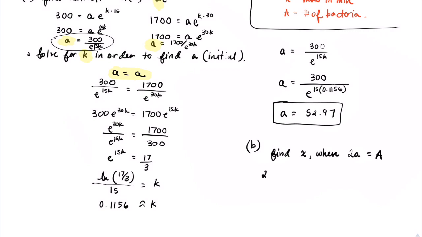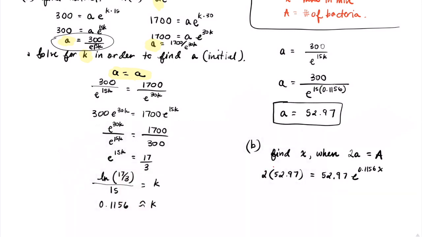So in this case, doubling the 52.97, you would have 2 times 52.97, and that would just equal the exponential function 52.97 times e to the 0.1156x.